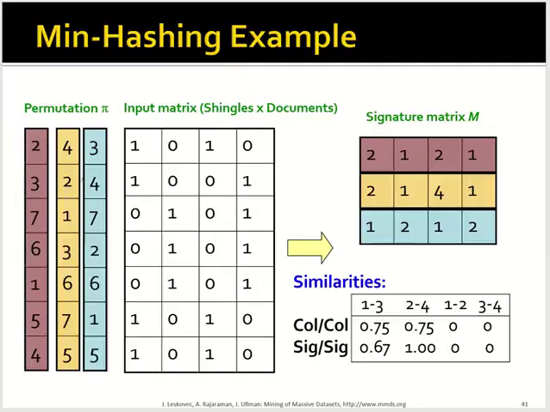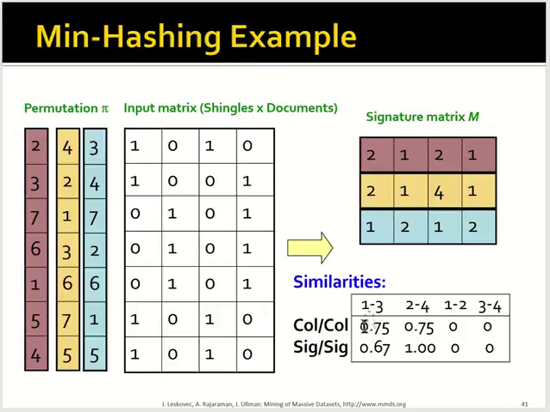For example, if we compare columns 1 and 3, we have 3 in the intersection, and the union is 4.